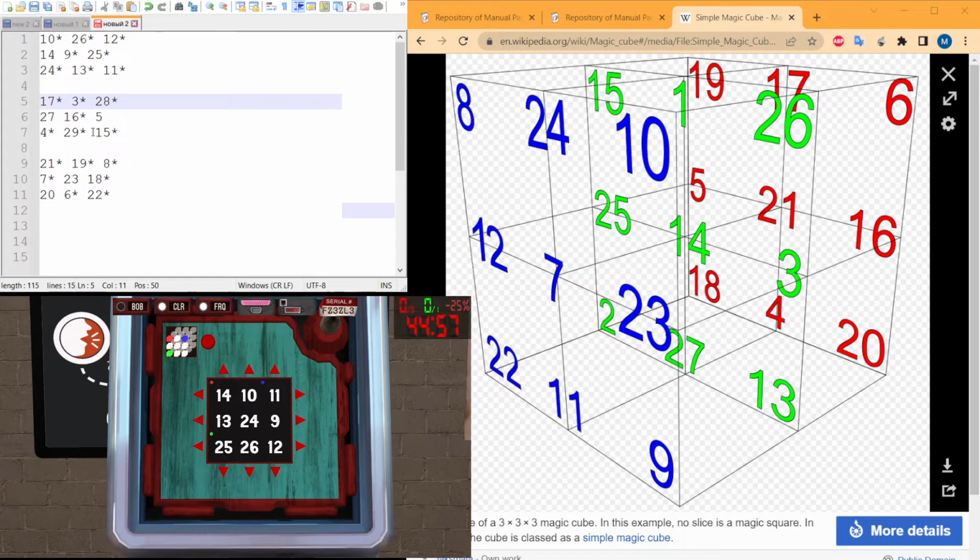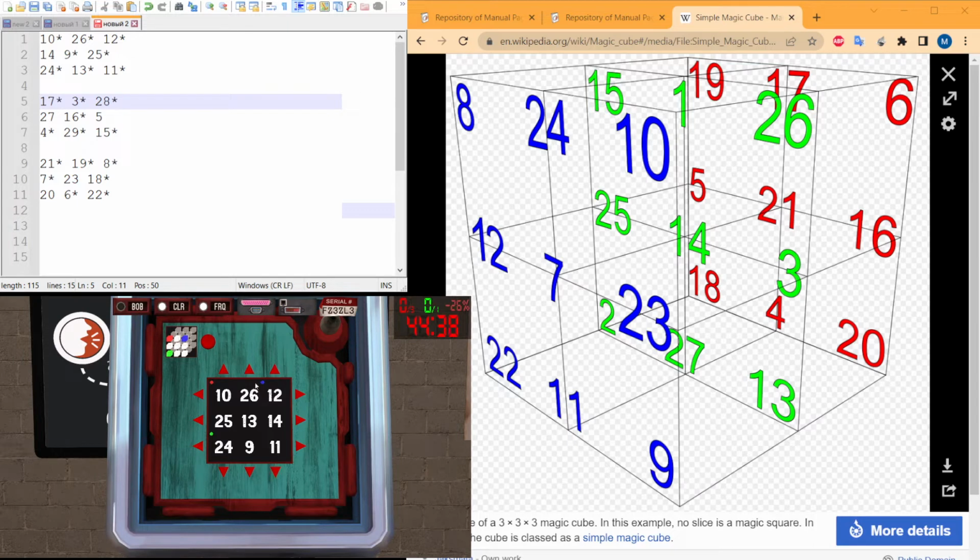So the top left should be 10, top right should be 12, bottom left should be 24, and bottom right should be 11. Like that. 10, 12, 24, 11.